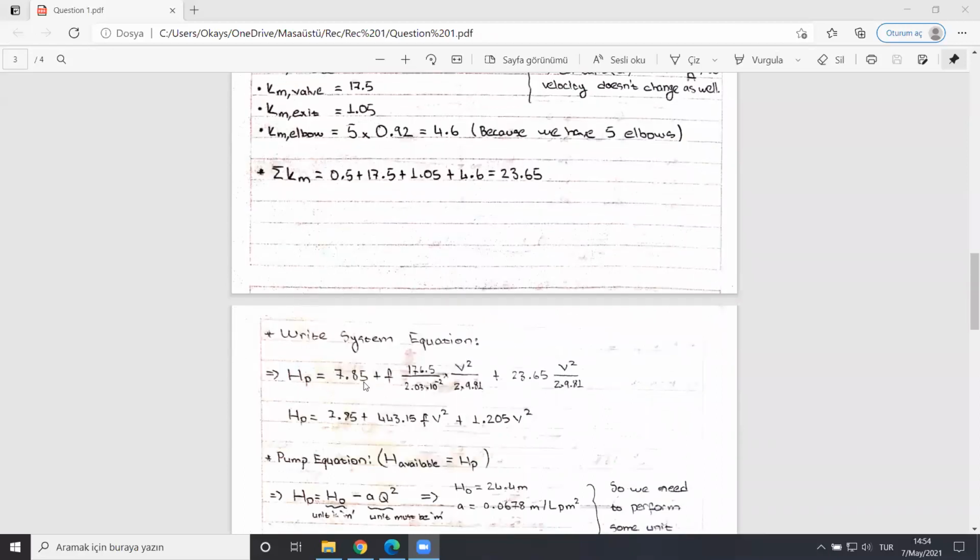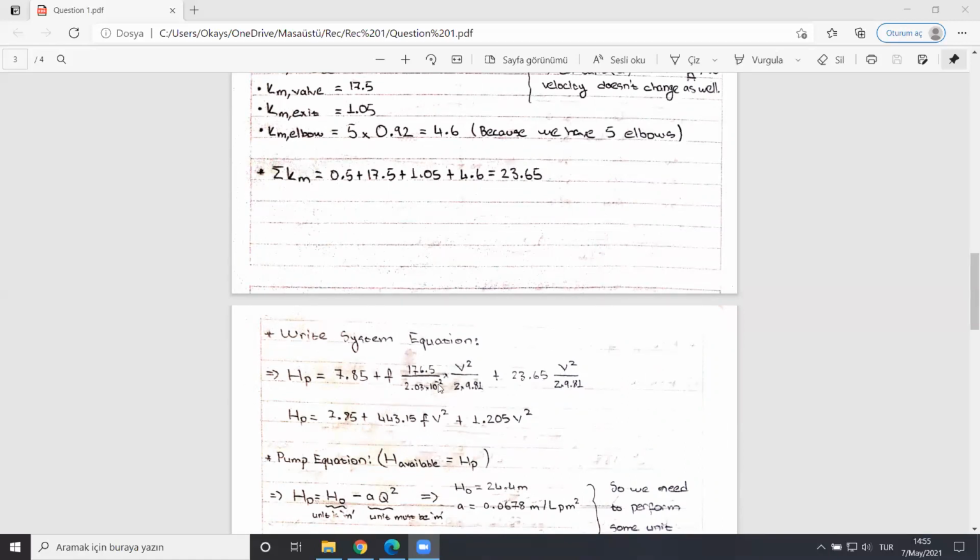So this is the elevation difference. This is the total length of the pipe diameter. We don't know the velocity, and we know the gravitational acceleration, which is 9.81 meters per second squared. Okay, and this is K value, again 2g.